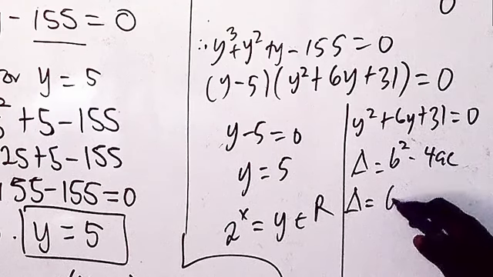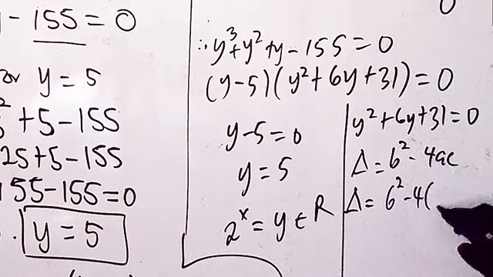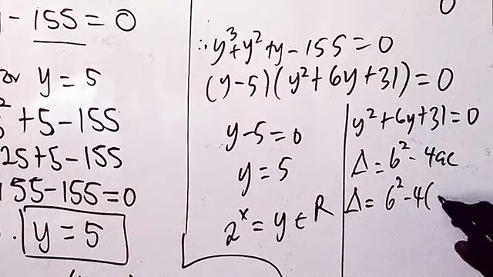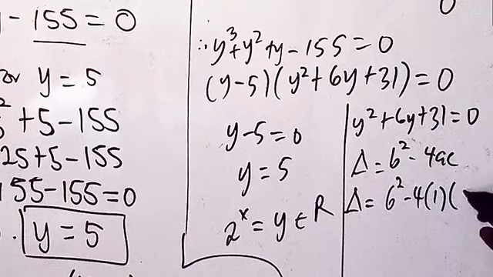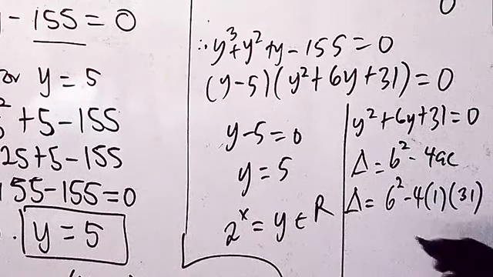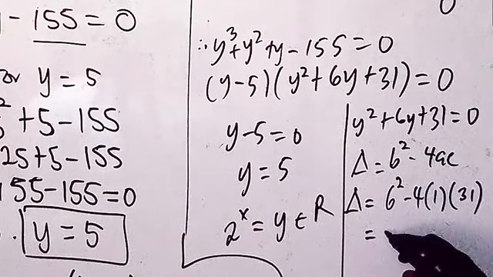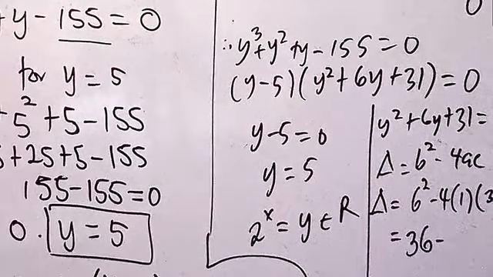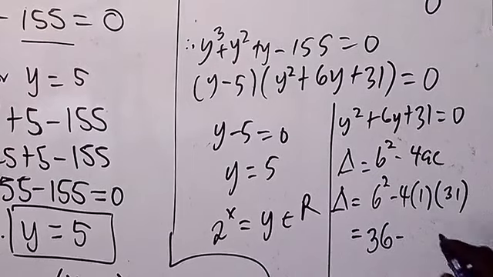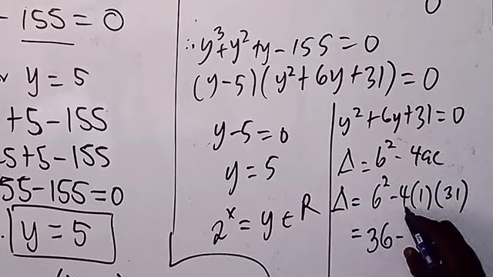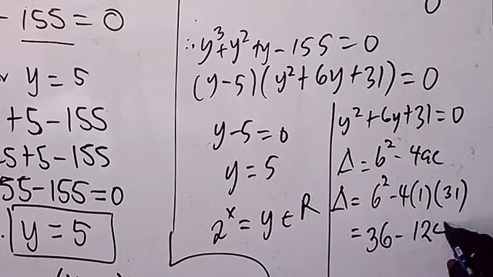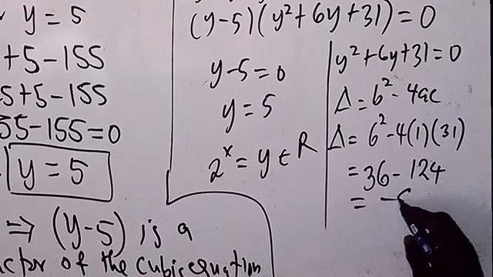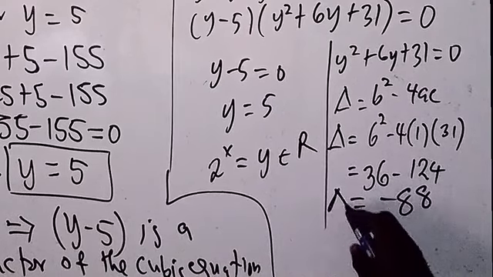So we have 6 squared minus 4 multiplied by a, the coefficient of y squared here, which is 1, multiplied by c, which is 31. So 6 squared is 36 minus 4 times 31, which is 124. Then 36 minus 124, we're going to have minus 88, which is the discriminant.